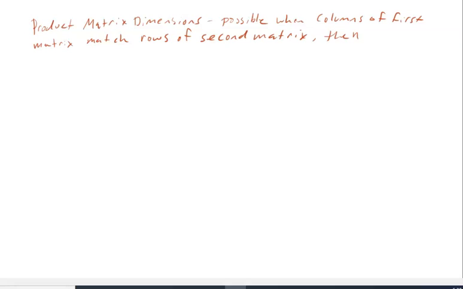And then the dimensions are rows of the first by columns of the second.